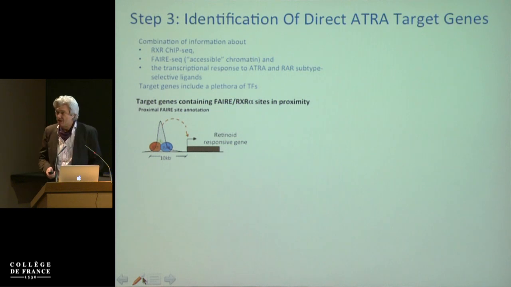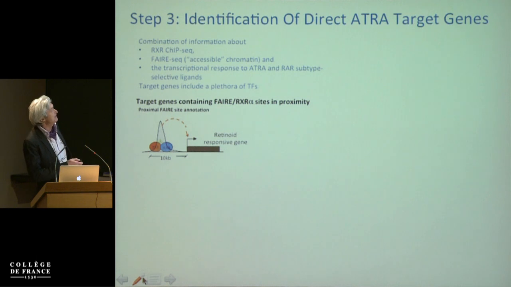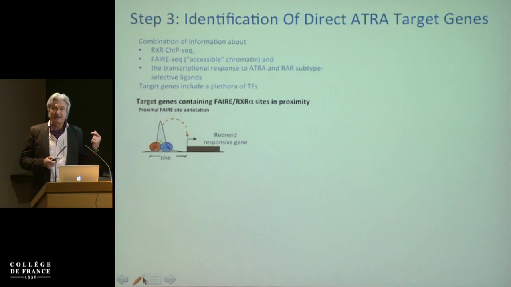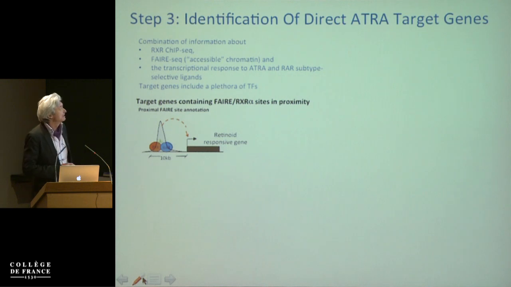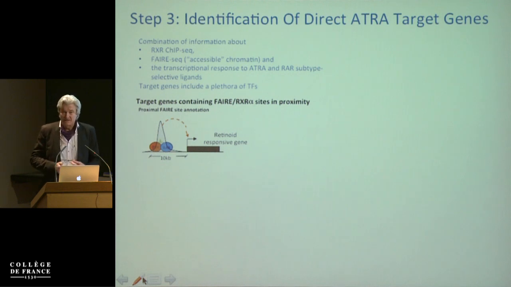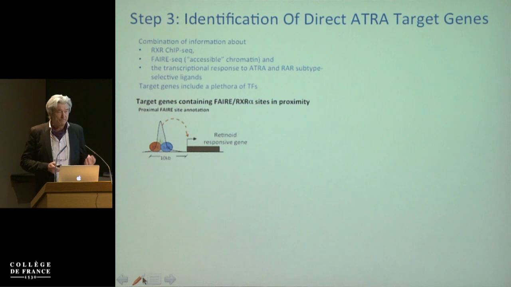The next question you would like to understand, because this was rather global, is what is happening at the individual target genes. So you want to identify: retinoic acid binds to a retinoic acid receptor, what are now the targets to which it binds? There we use ChIP-seq, FAIRE-seq for accessible chromatin, and then we use particular chemical ligands which address the individual subtypes of the retinoic acid receptor.